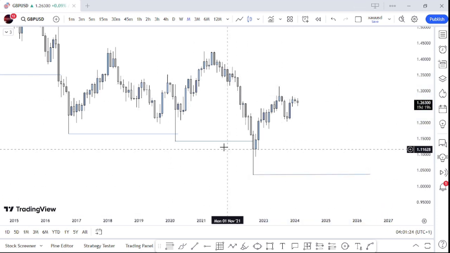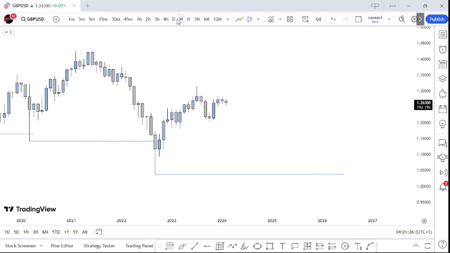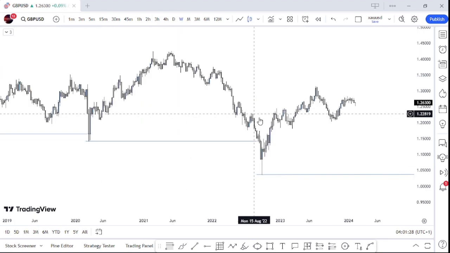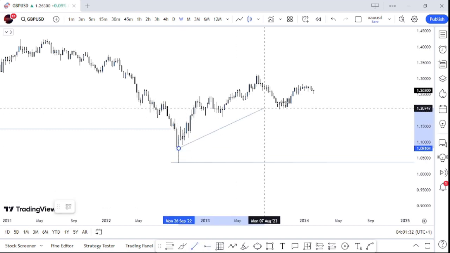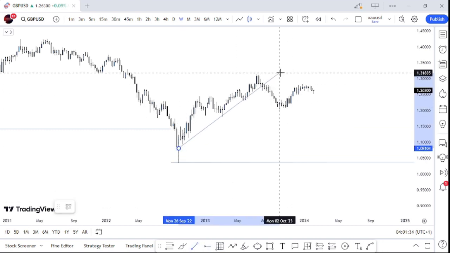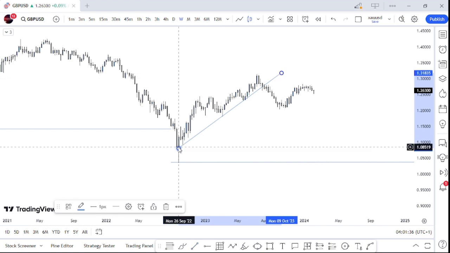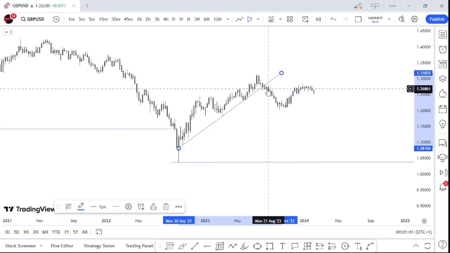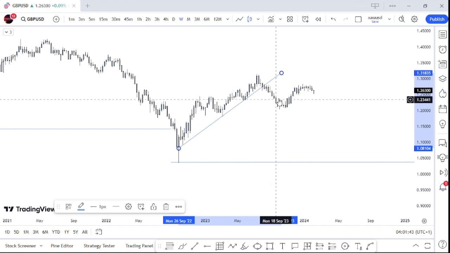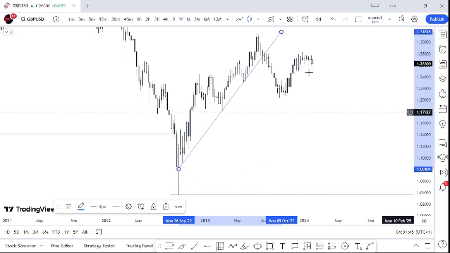Let me go down to the weekly. You'd see something here. The market has been in a bullish momentum forever, and then suddenly there's this breakout, the buys stopped happening, and we started having sells.